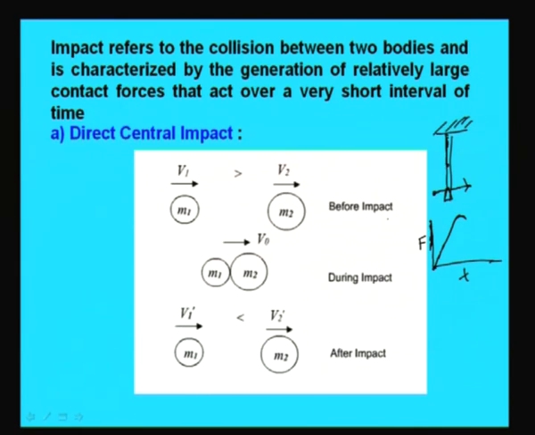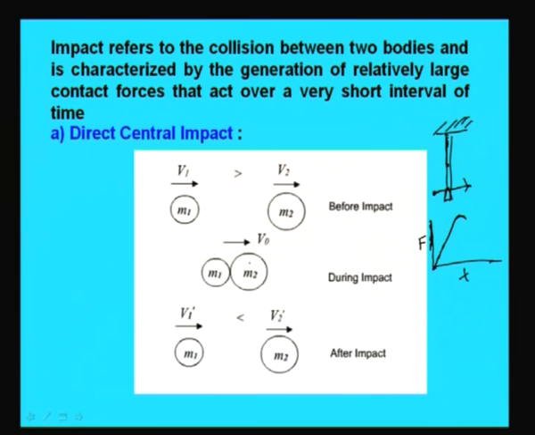But if there is elasticity, there can be one situation where body m1 has thrust to the maximum extent, and now both the bodies are moving at the same velocity, so it is not applying the force and it keeps on moving with that velocity.